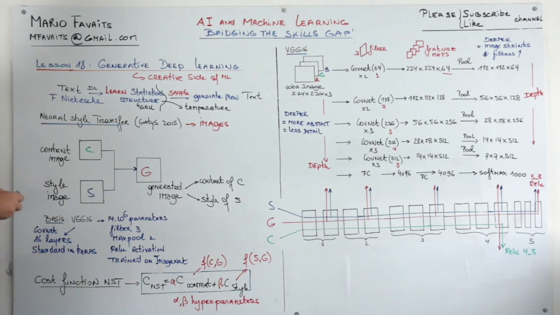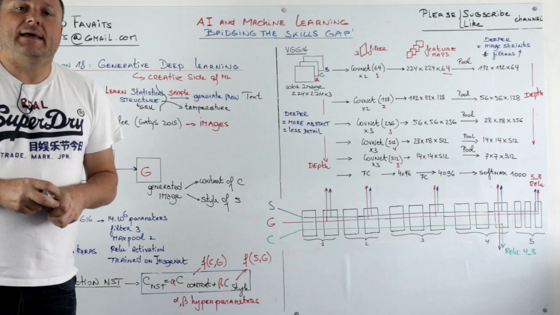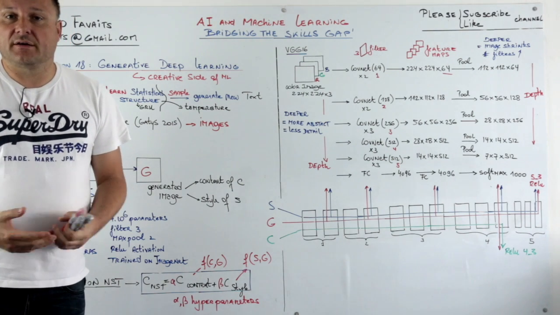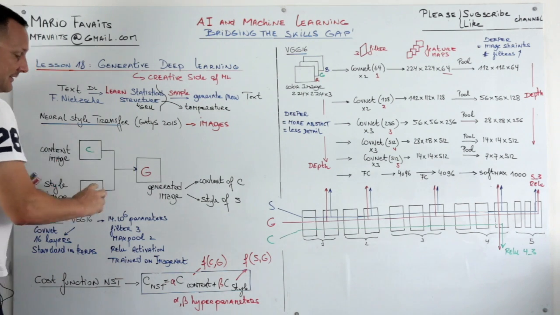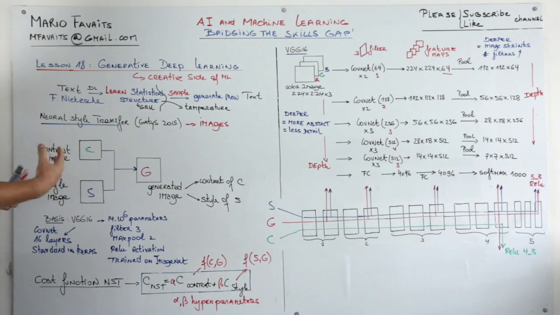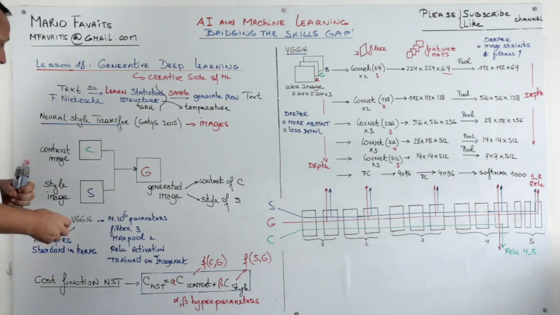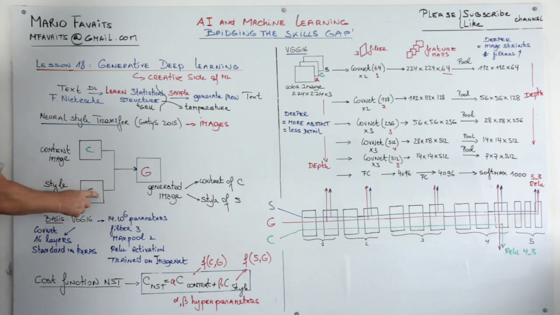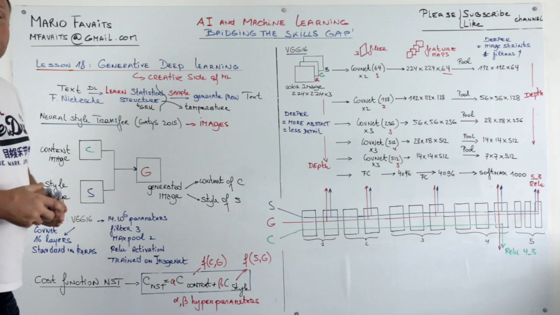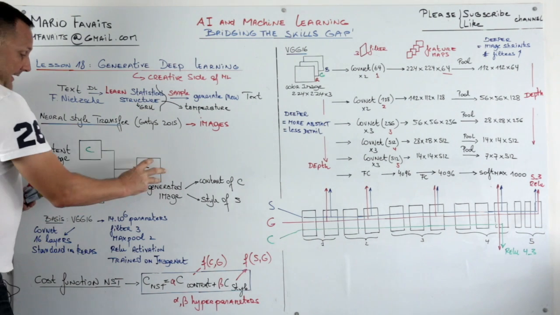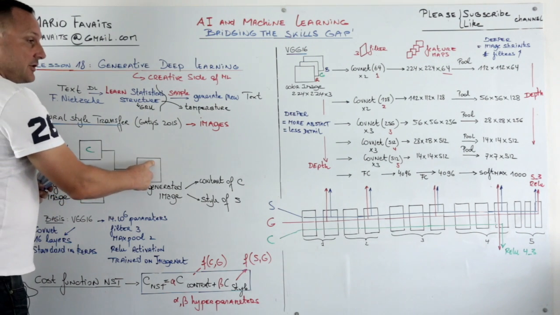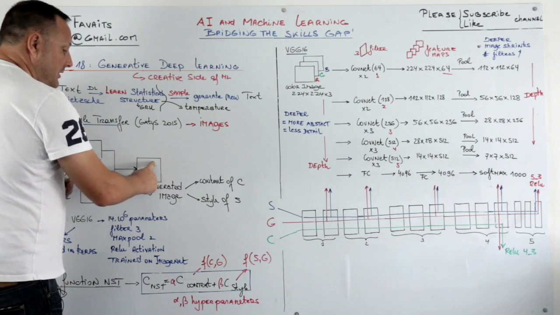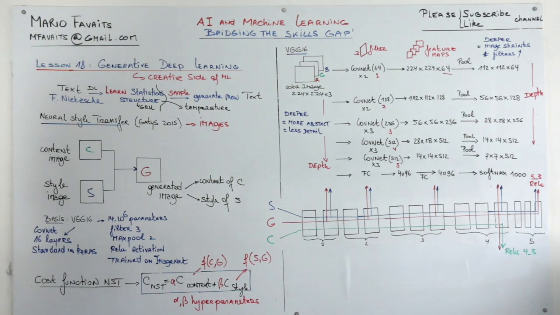And you have a style image, which could be a painting of Einstein by Andy Warhol. And you want to create a new image that still represents the content, but has taken the style from Andy Warhol, and generate a sort of combined picture. So here you should still recognize yourself in the picture, but it will be in Andy Warhol style.